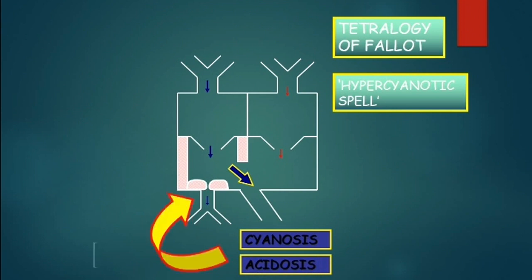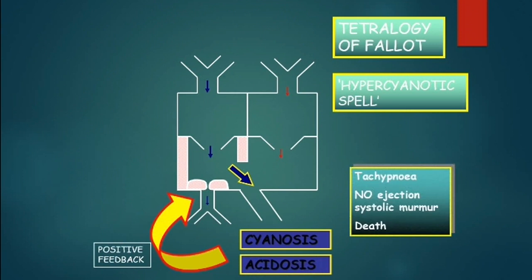This will start a vicious cycle that increases the infundibular narrowing and increases the cyanosis and acidosis and so on. This will result in tachypnea, disappearance of the ejection systolic murmur of the pulmonary stenosis due to the outflow obstruction, and this may lead to death.